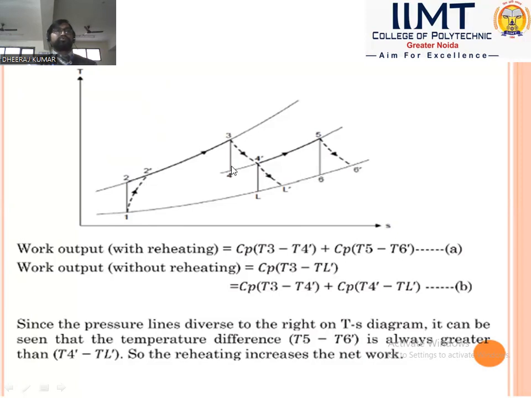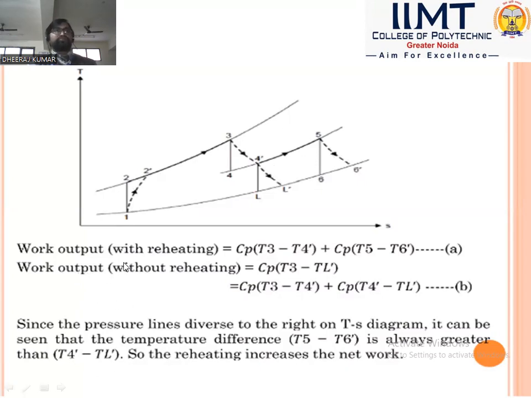The 3 to 4 process is high pressure turbine expansion, 4 to 5 is again heat addition in a combustion chamber, and 5 to 6 is again expansion in a low pressure turbine. So the work output is increased, and the dotted line indicates the actual process of the cycle.